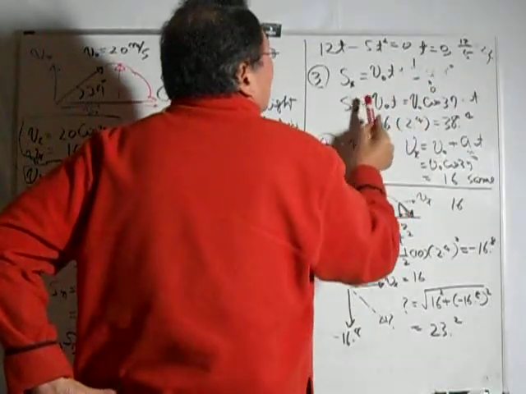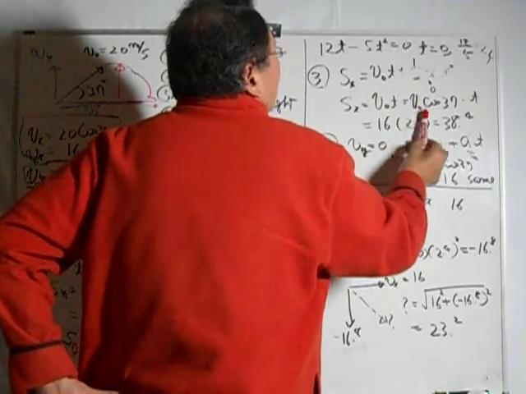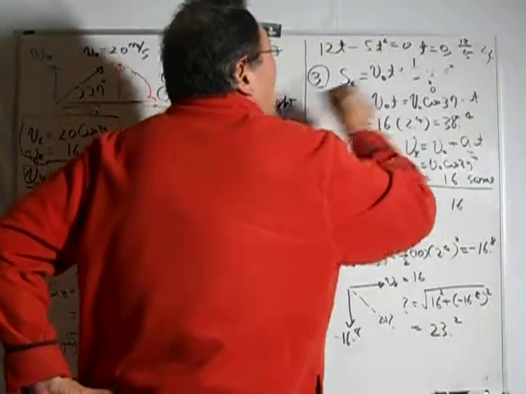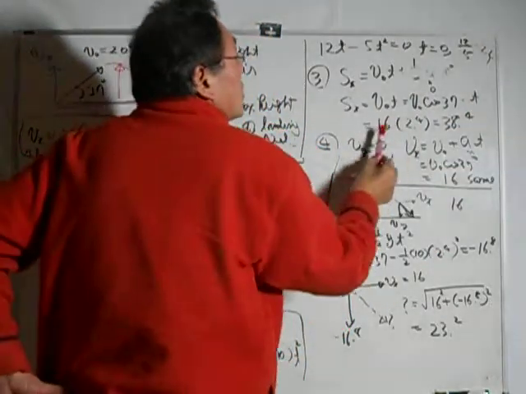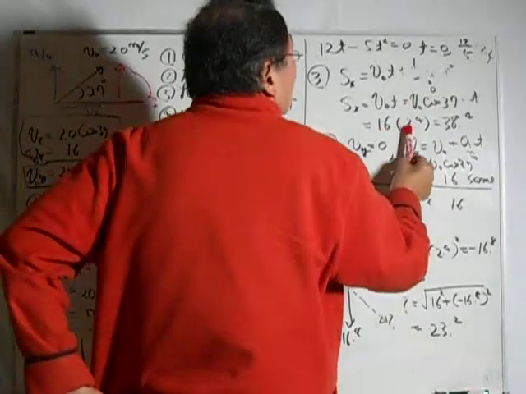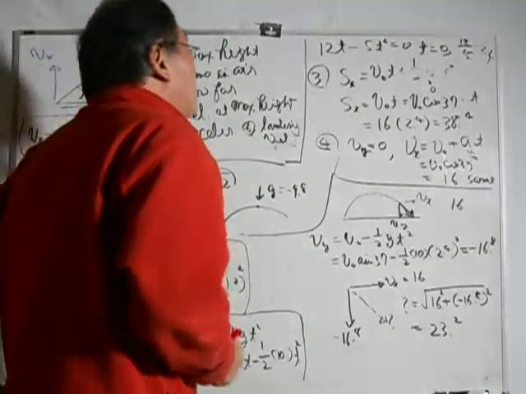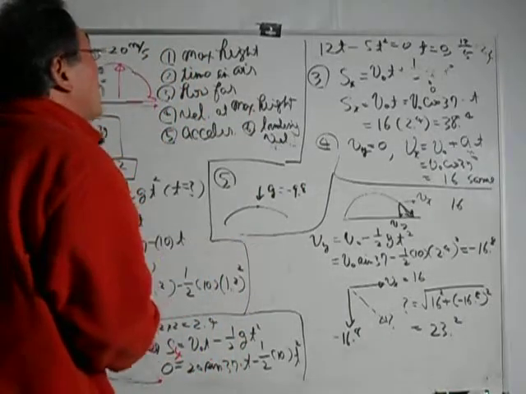So simply V0 times t, where V0 is V0 cosine 37, and t is the time in the air, how long it takes. We already figured 2.4 seconds. So this value is 16 times 2.4 seconds, which is 38.4 meters.